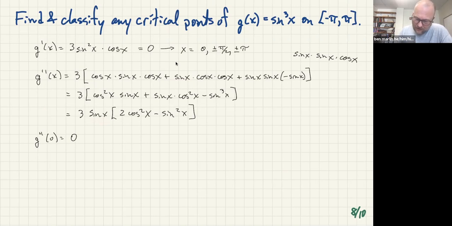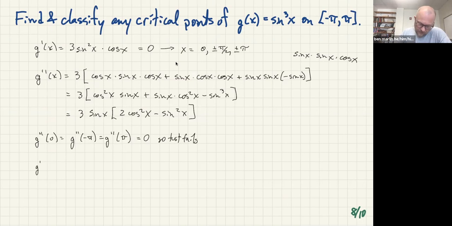So I'm going to write that in a simpler way and write g double prime of minus pi, g double prime of positive pi. Those are all equal to 0, so the test fails. And we'll just have to come back and fix it with the first derivative test, all right?